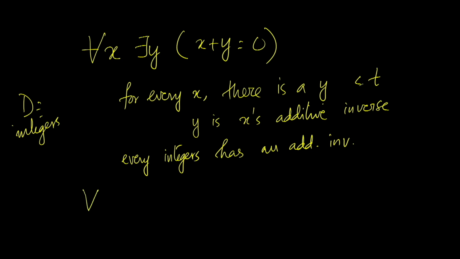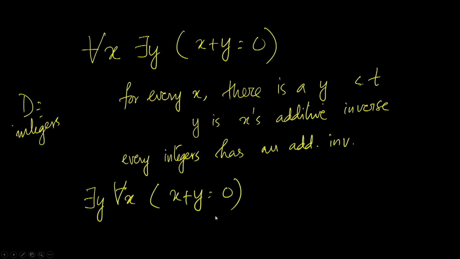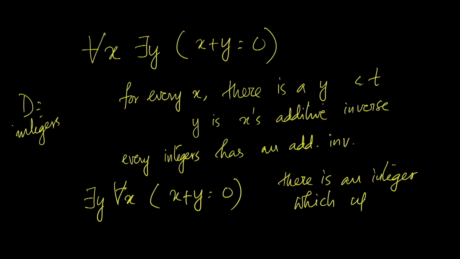Compare this to this statement. There exists a y, so that for all x, x plus y equals 0. What does this say? It says that there is a number, there is an integer which upon addition with x gives 0 for all x.